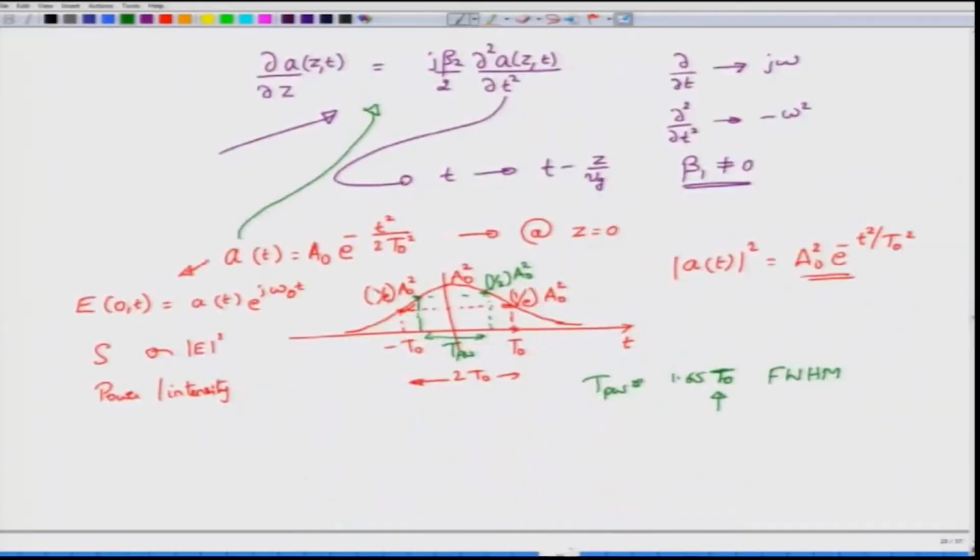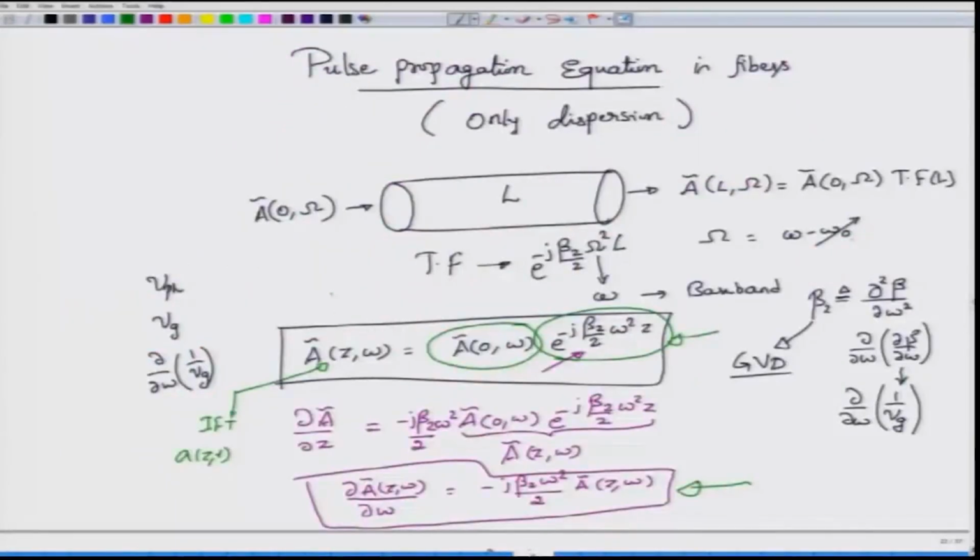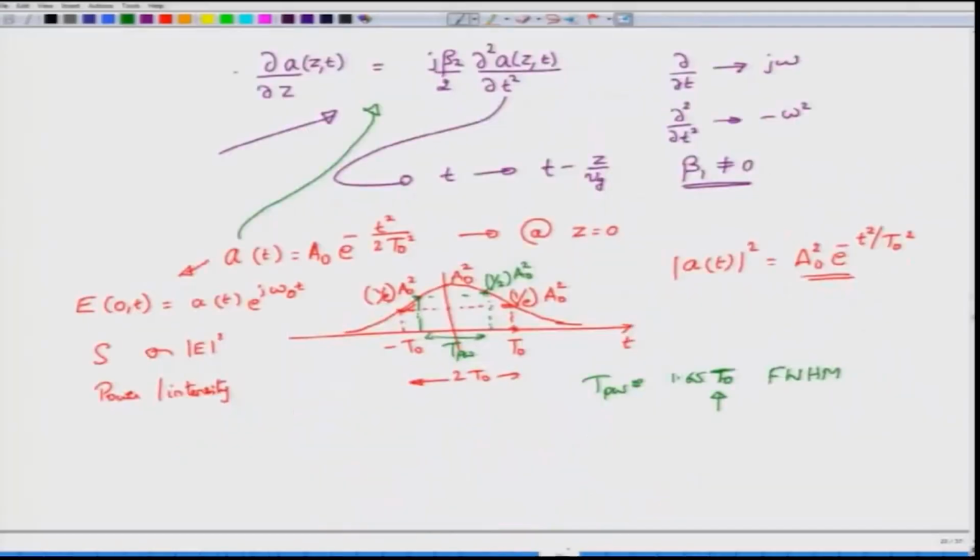I could have solved this equation, but I know how the equation has come out, so I am going to directly use that equation, which is the way of solving this equation itself. This equation that we have is actually the solution in the frequency domain of this equation. So, we are not really doing anything fussy out there.